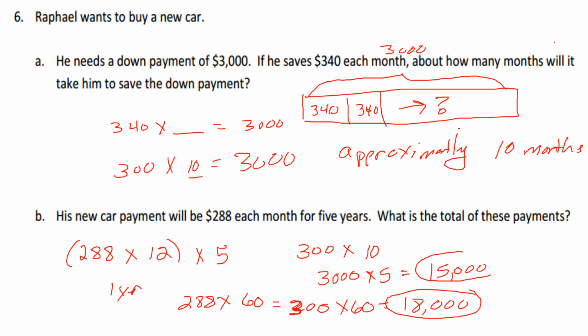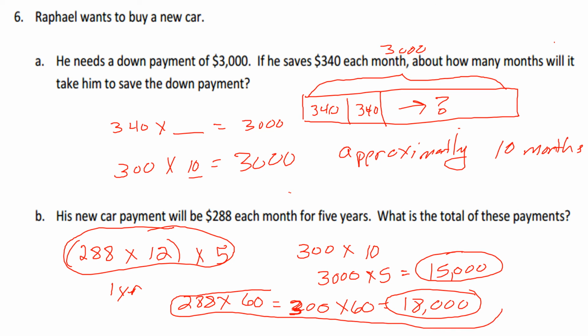Both of these are appropriate estimates. It just depends on which way you went about working it out. The first one, we solved for how much per year first and multiplied by years. On the second one, we knew how many months were in 5 years, and we multiplied that by the 288.